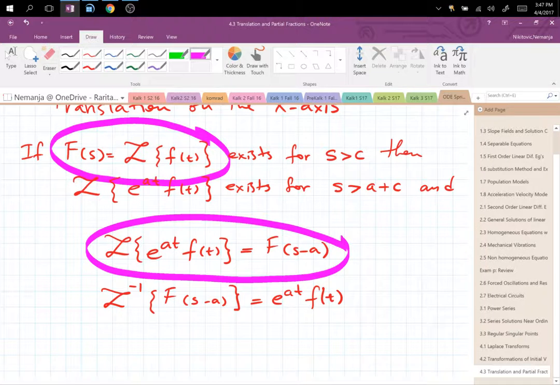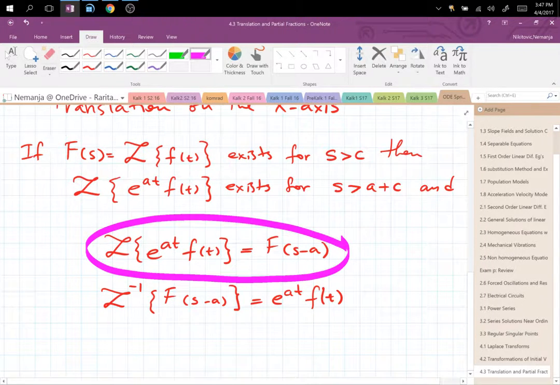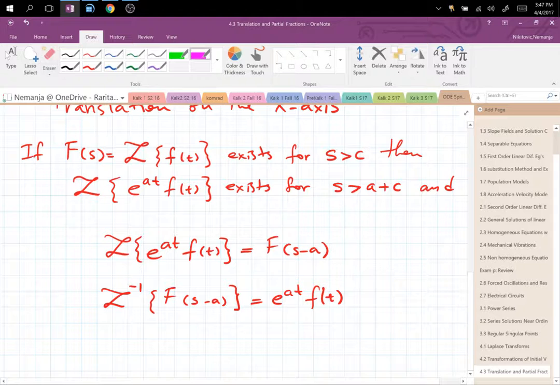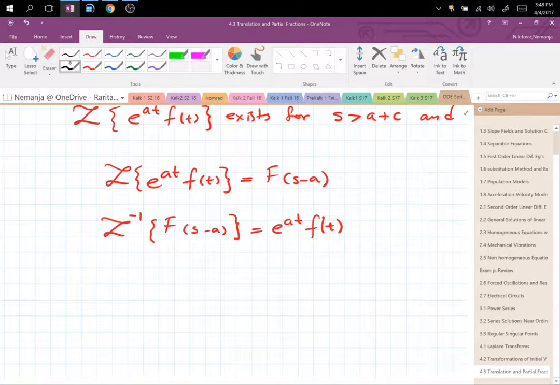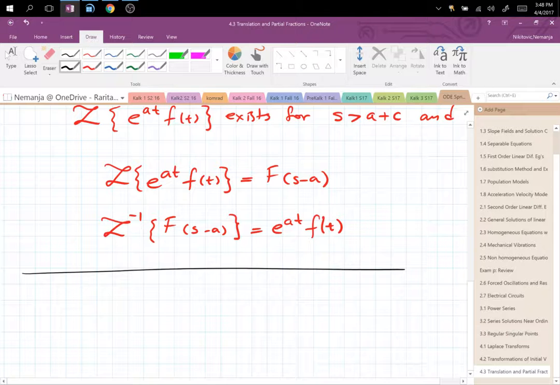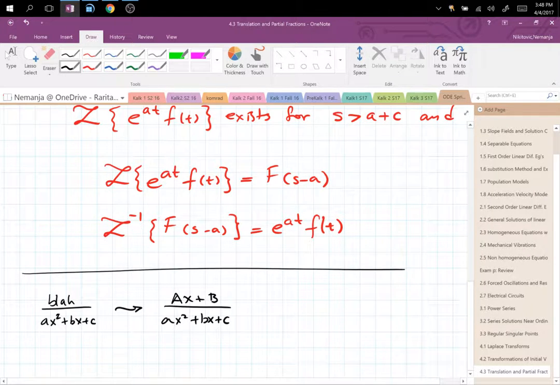So let's see. Now another point before we do examples. Going back to these explanations, earlier I said blah over ax squared plus bx plus c for the partial fractions goes into ax plus b over ax squared plus bx plus c. This quadratic cannot be factored any further, but you can complete the square on it.